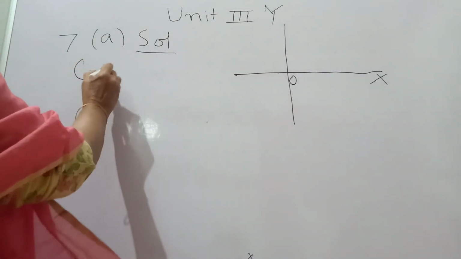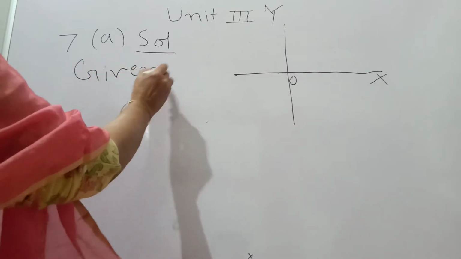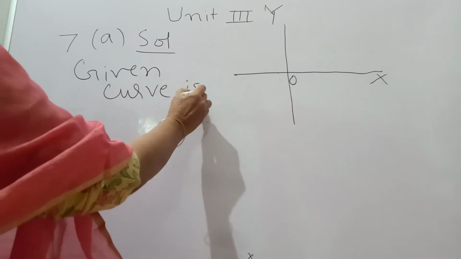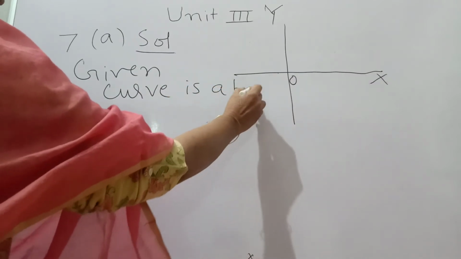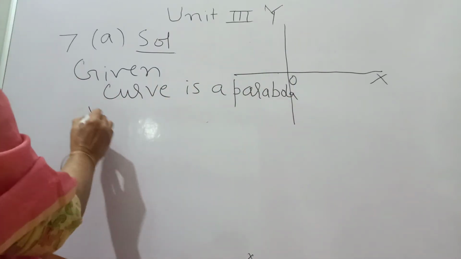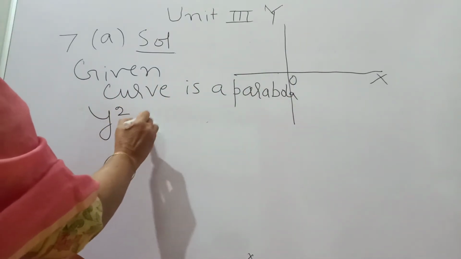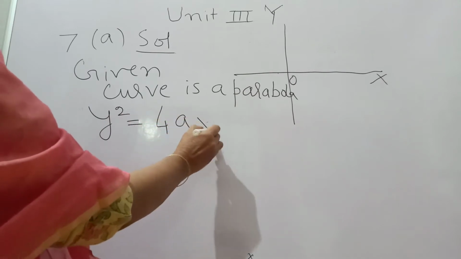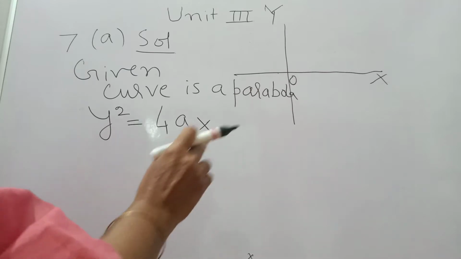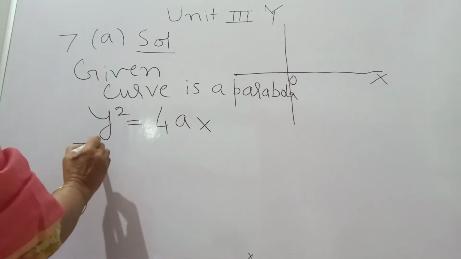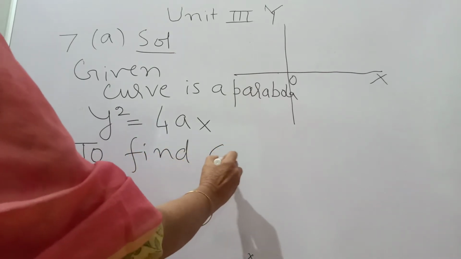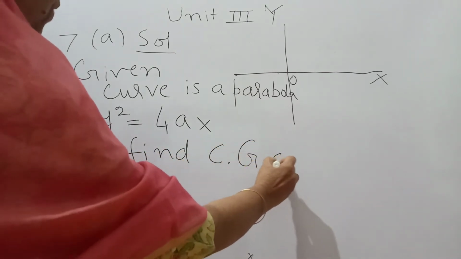What is given? Curve is a parabola. Y square is equal to 4ax. This is the curve given, and you have to find CG of the area.